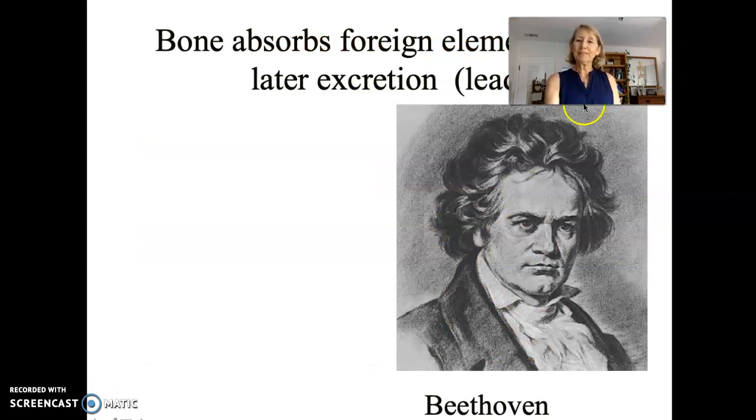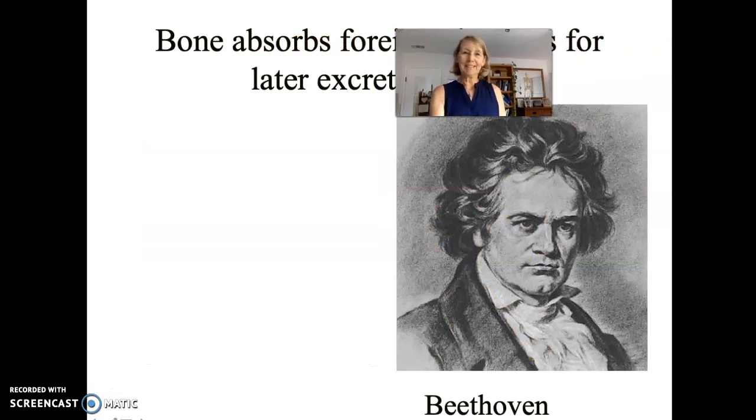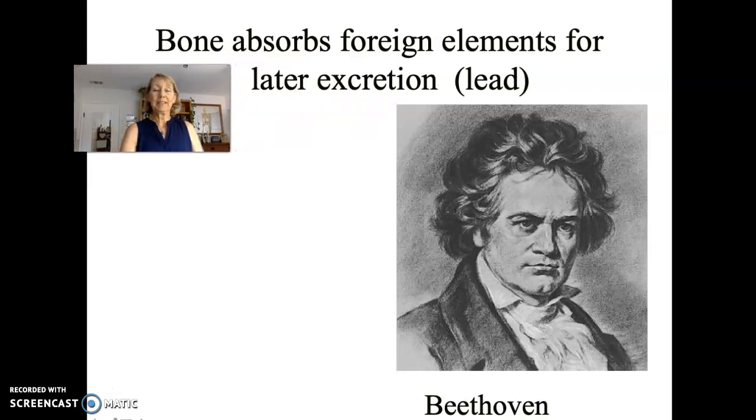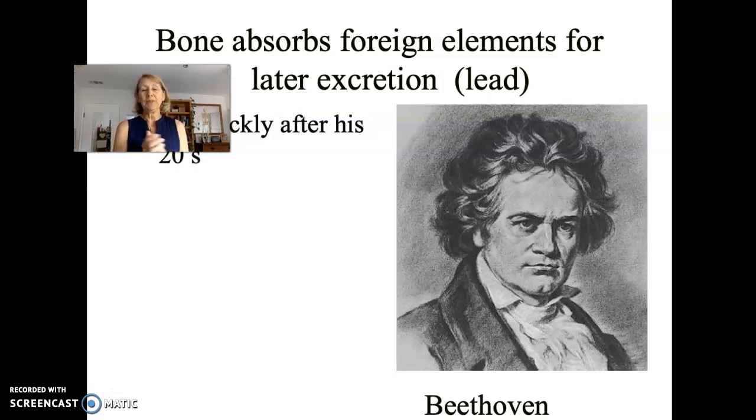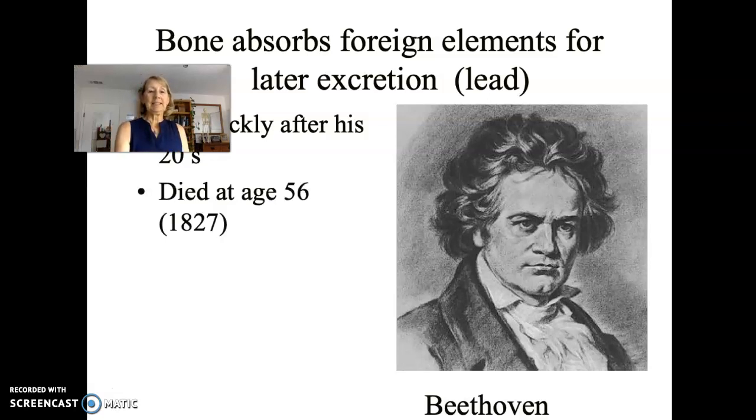So I want to tell you some interesting facts here. One is that bone absorbs lots of foreign elements, like lead, for example, which isn't wonderful, right? So this is Beethoven, and we know that he was really sickly after his 20s, and he died young. 56 is young.